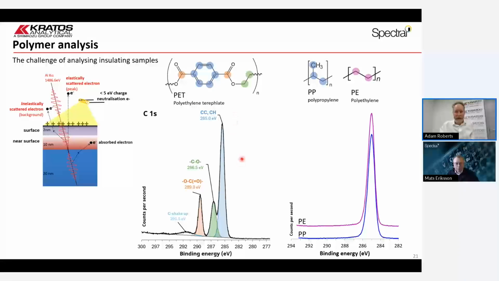And what this slide shows is that we're able to identify these small shifts, or chemical shifts, in energy of the core levels to give us the chemical information. So this is a standard that we quite commonly use in XPS to look at the charge neutralization capabilities, PET.